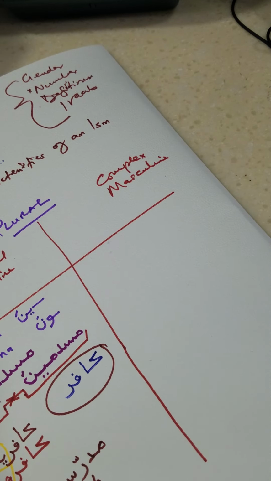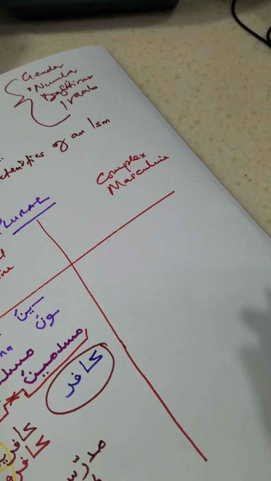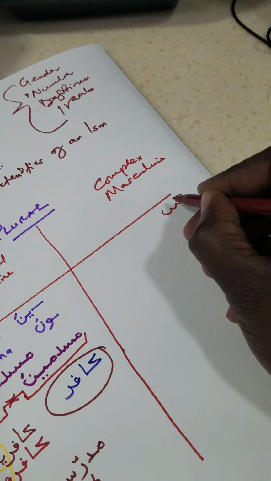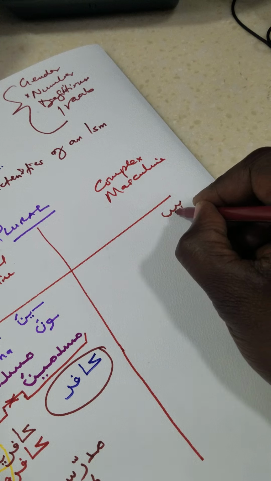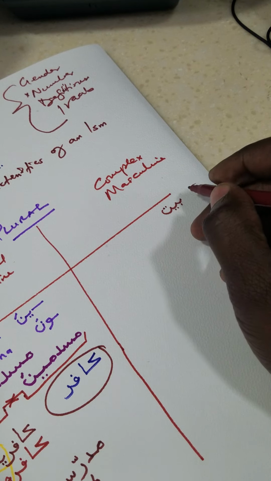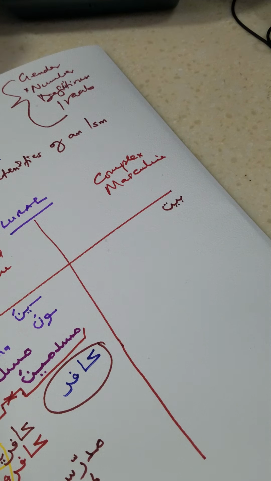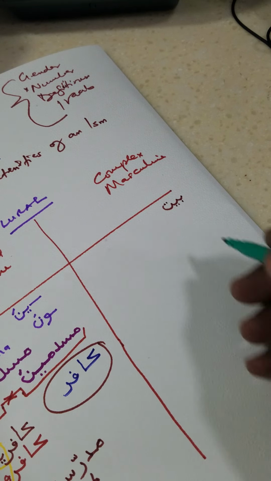I'll give you an example. We have this word, bait. If you're careful enough, you'll have noted that when we talk about bait, we are referring to a house.